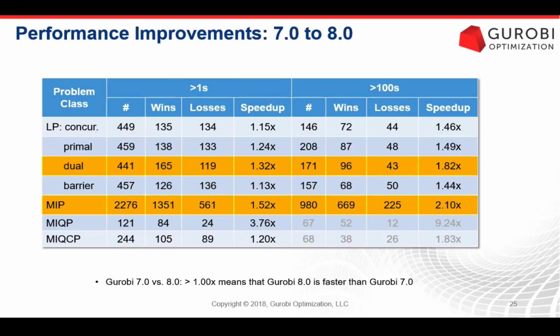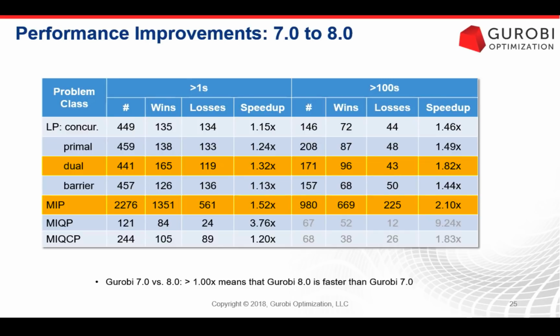So now I'm going to look at the performance improvements from the last major release of Gurobi to the current release, version 7.0 to version 8.0. This, of course, includes the improvements from 7.0 to 7.5 and from 7.5 to 8.0. And as you can see, going from one major release to the next, there are pretty major improvements across the full range of algorithms and problem types.